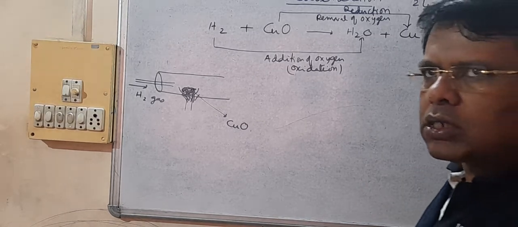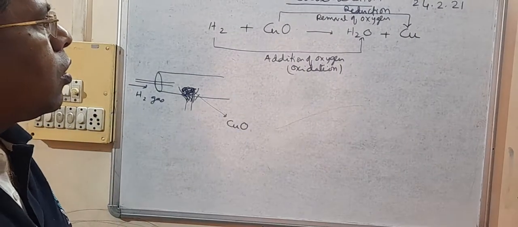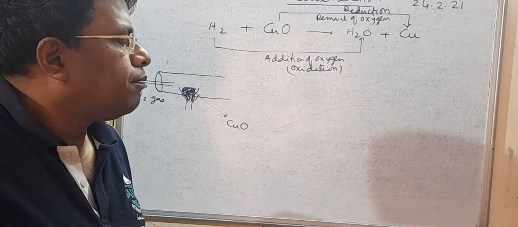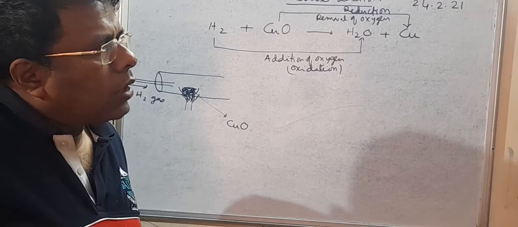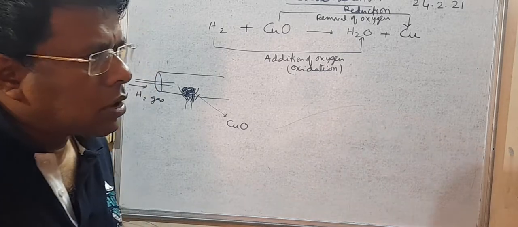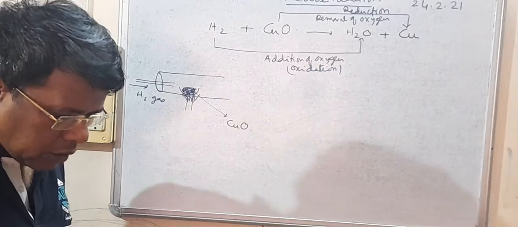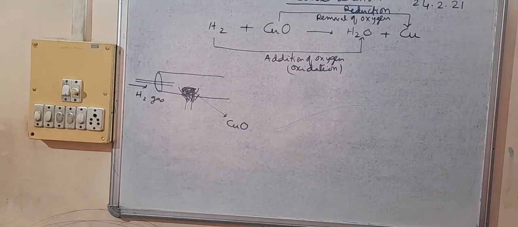So according to the old concept, oxidation is defined as addition of oxygen or any electronegative element, and oxidation is also removal of hydrogen or any electropositive element. In the same way, you have learned before that reduction is addition of hydrogen or any electropositive element.